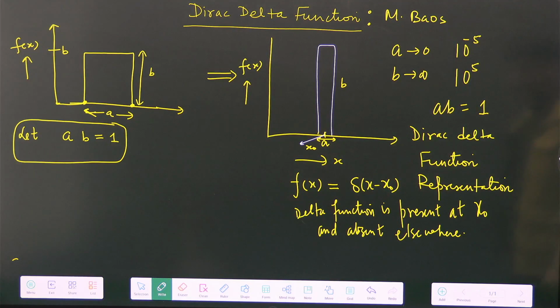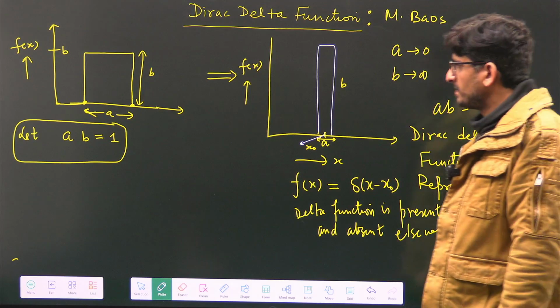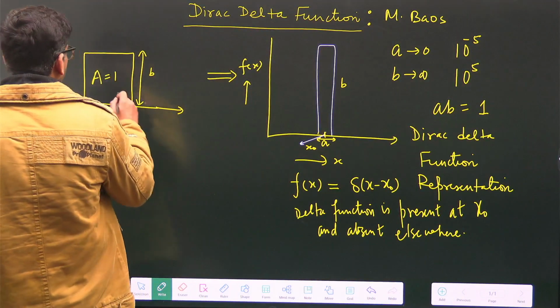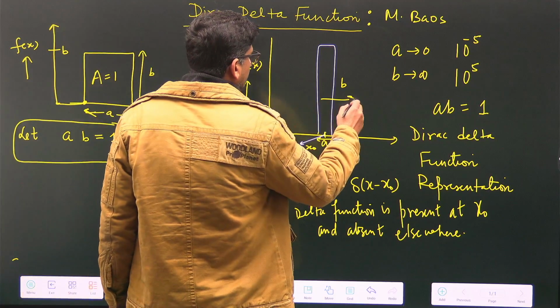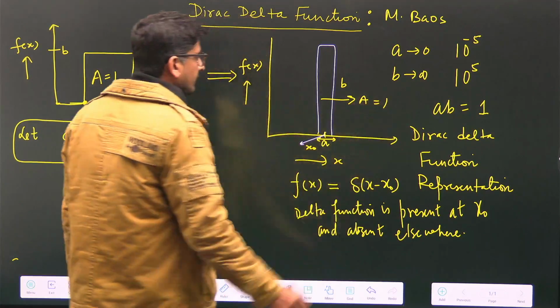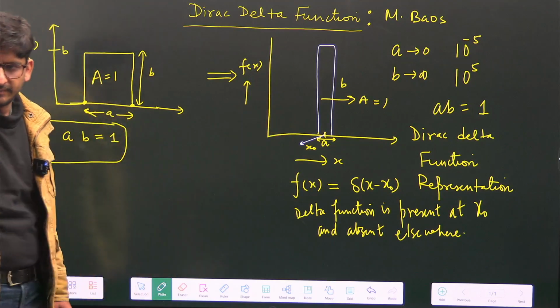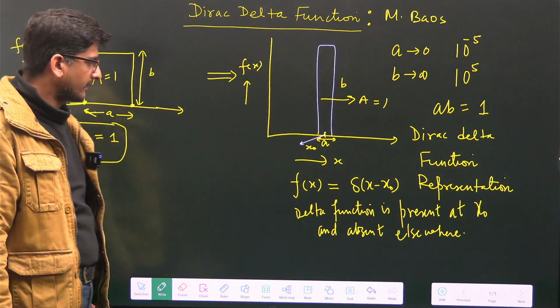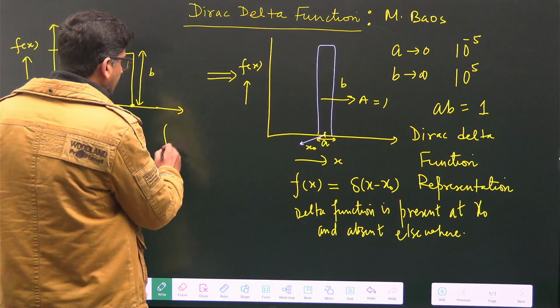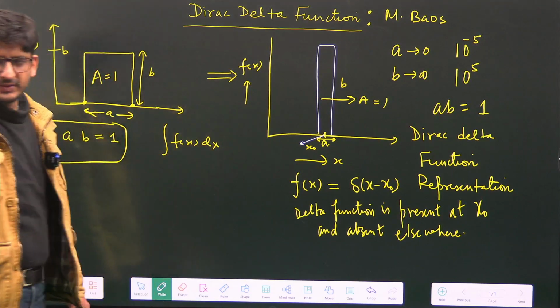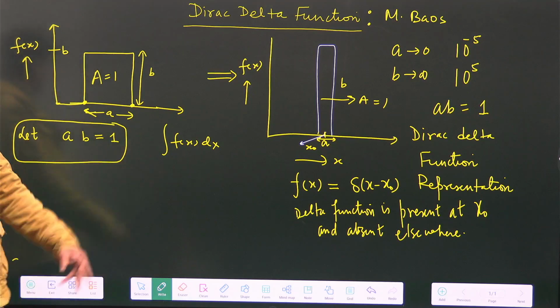Okay? Now here the area is 1. Here also the area is 1. And how do we calculate the area under the curve? We write the integral of f(x) dx. You know this, if there is a function, how we write the area under the curve.